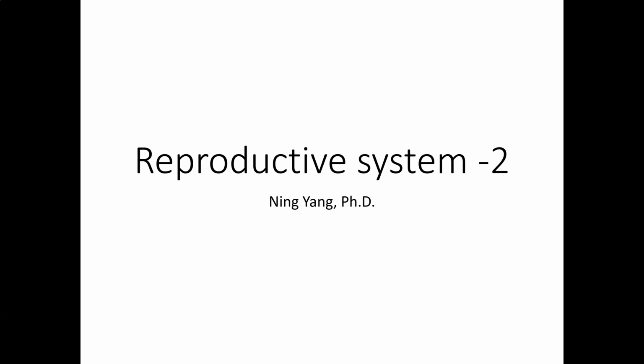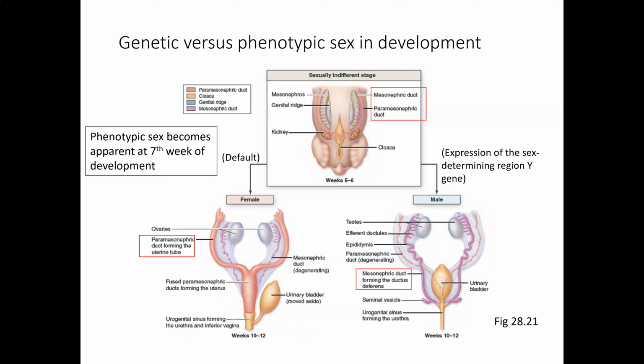In this lecture, we're going to finish the very end of the reproductive system, and then also start chapter 29, especially the development part. Last week, when we introduced the female and male reproductive systems, we also summarized that there are a lot of homologs.